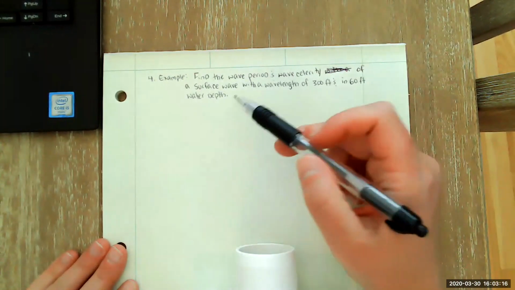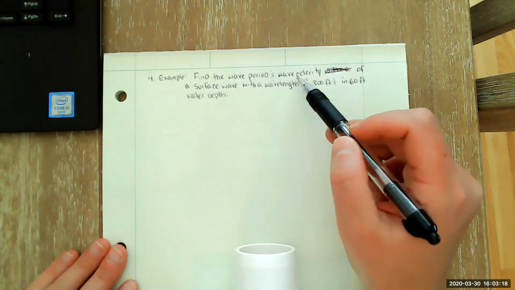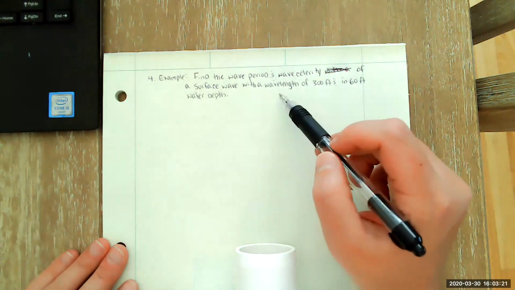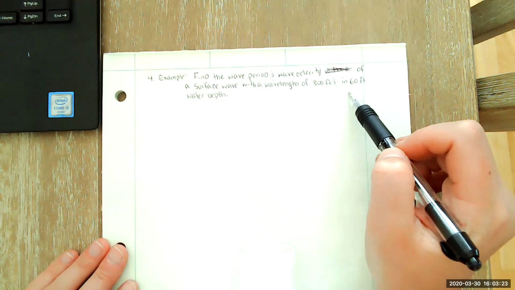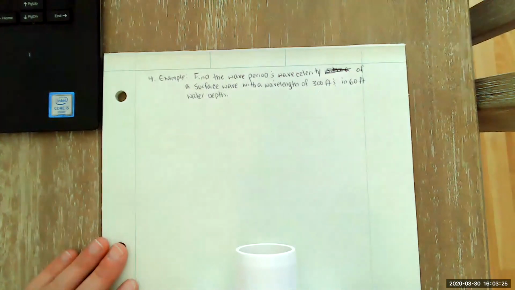All right, so that's our problem statement, not visible, sorry about that. Our example is to find the wave period and wave celerity of a surface wave that has a wavelength of 300 feet, and we know that it's propagating in 60 feet water depth.